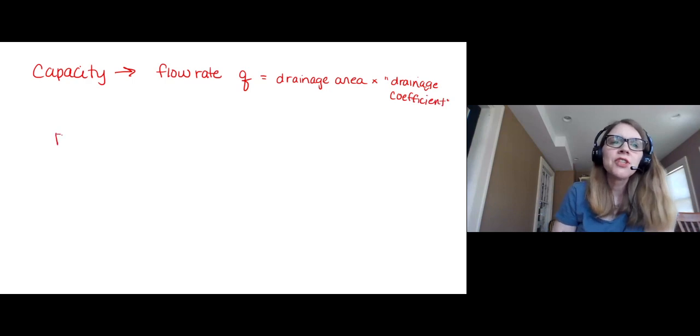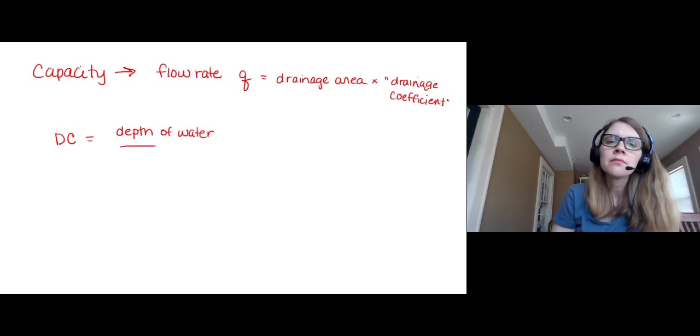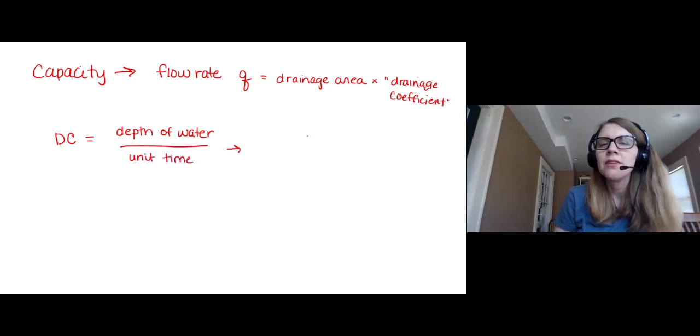The drainage coefficient, or DC, is a depth of water to be removed from the system, and it's per unit time, but actually we're very specific about what that unit of time is.